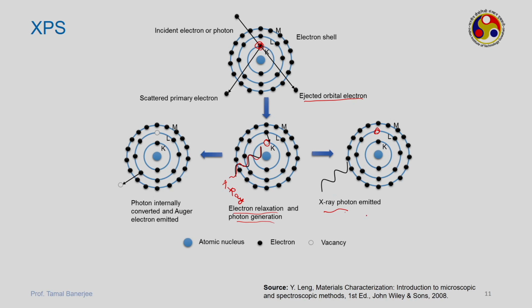If this happens, then we can easily study the ejected orbital electron. We can compute the kinetic energy of this ejected orbital electron. If I compute Ke, the kinetic energy, and I know the input, which is h nu, I can calculate Be. It means binding energy will be h nu minus Ke.